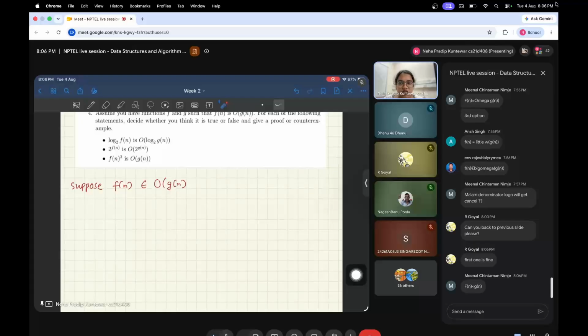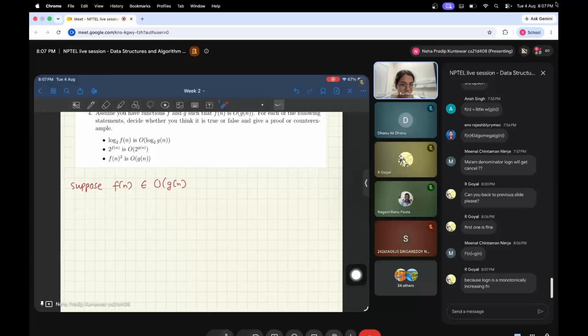So when you say less than g of n, do you mean less than or equal to, or strictly less than? Okay, so let's look at the answer.